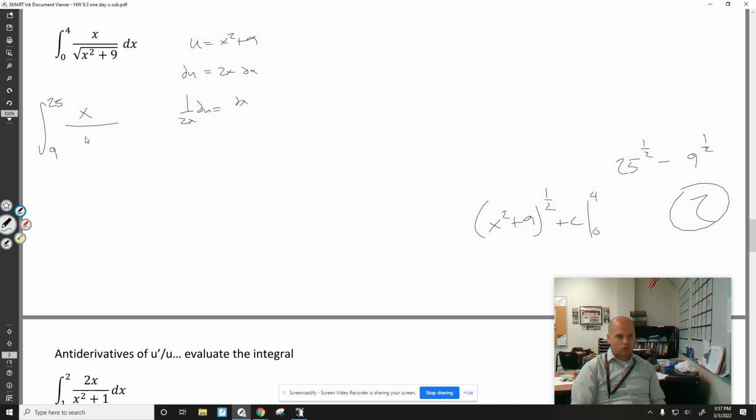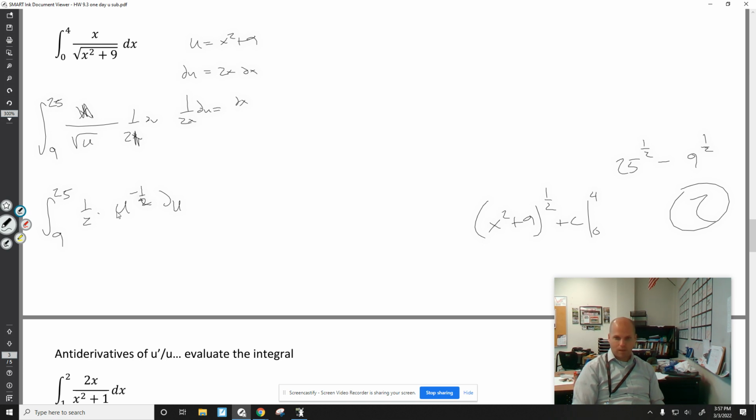So this is x root u and then 1 over 2x du. The x's cancel. This is the integral from 9 to 25 of 1/2 times, I'm going to rewrite it as a negative power so I can use the power rule. It's a negative 1/2.